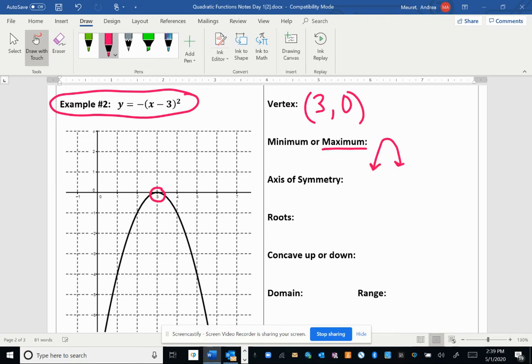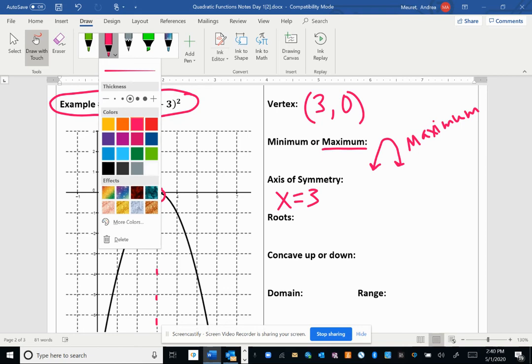The parabola is facing down. And so the vertex is at the top of the parabola. So when that happens, we call it a maximum point. The axis of symmetry goes right through the vertex. It's this vertical line where x is equal to 3.